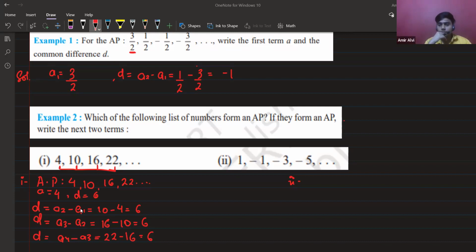Adil, sir, I got it as AP. Hiba, AP or not? AP, sir. Faz? Sir, AP or not? Yes, Faz, is it an AP or not?